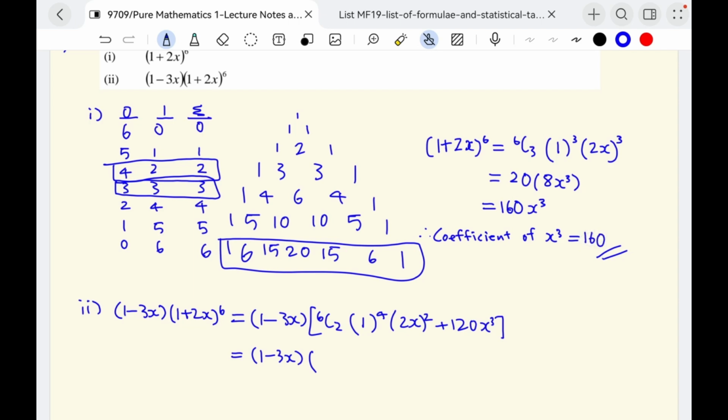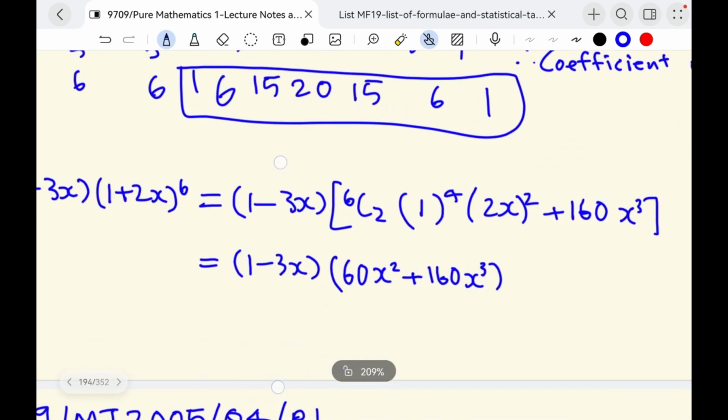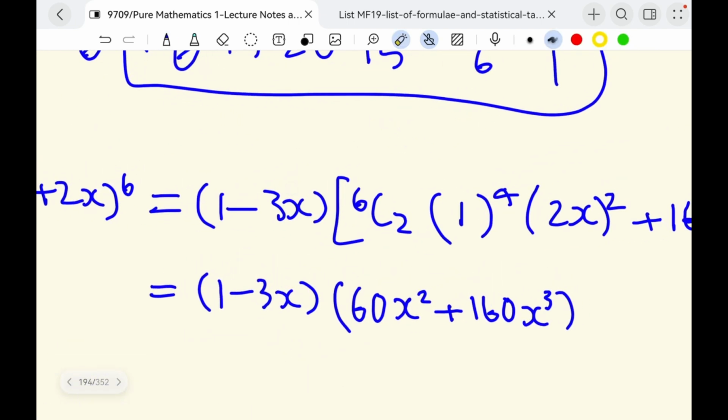Okay? So 6C2 is 15 times 2 to the power 2, which is 4. So 60x squared plus 160x cubed.